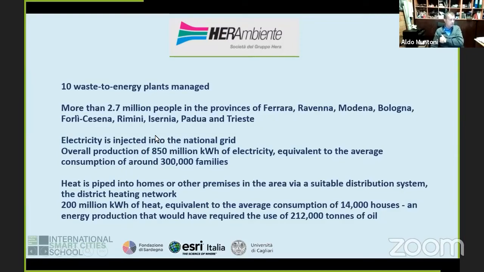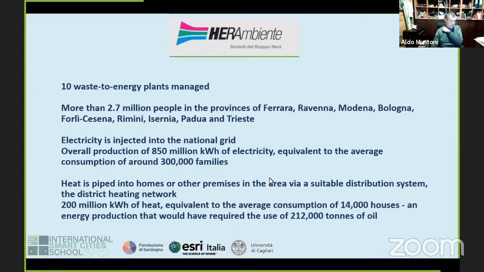The electricity which is recovered is injected into the national grid, with an overall production of close to 1 million kilowatt hours of electricity, which is the energy necessary to the needs of about 300,000 families.